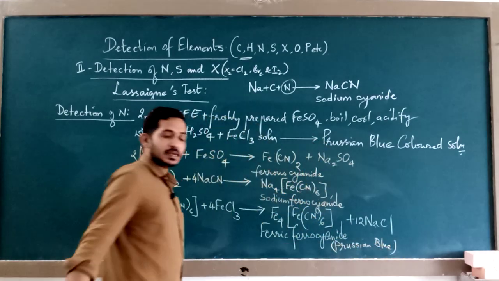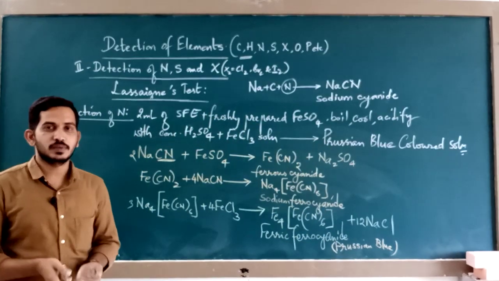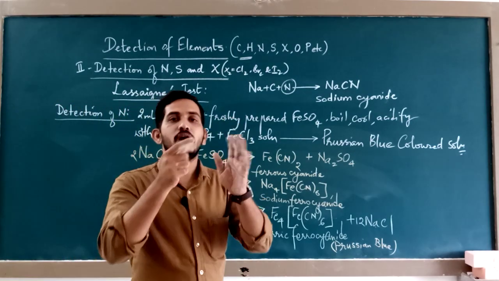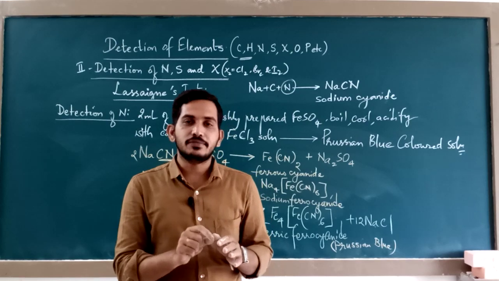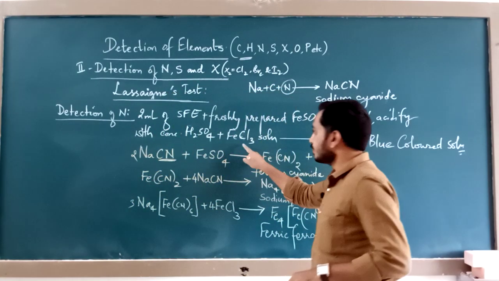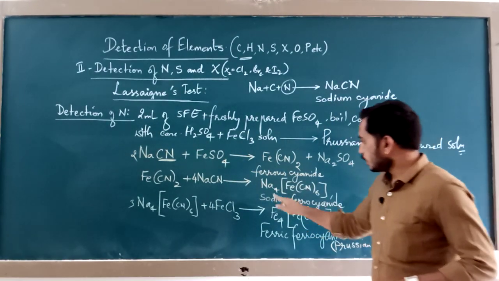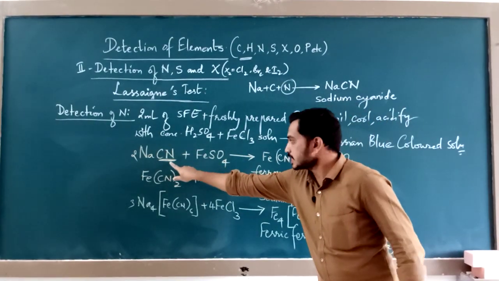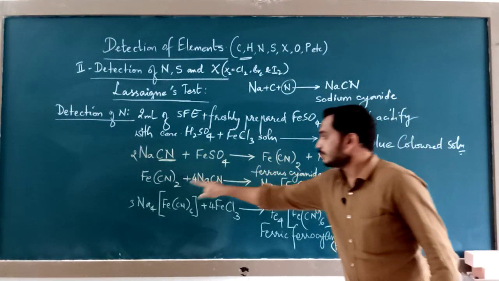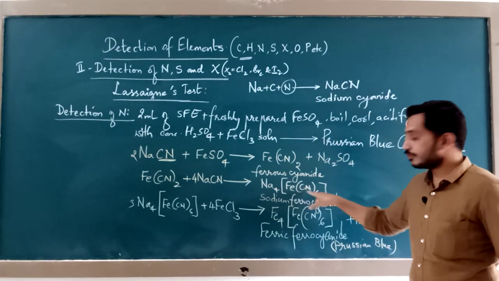So this is the exact chemistry that happens inside the test tube. First, you will react Lassaigne's extract with ferrous sulfate. You will boil, cool, then acidify it with sulfuric acid. Lastly, you will add ferric chloride. Upon adding ferric chloride, the nitrogen from sodium cyanide became ferrous cyanide. Then from ferrous cyanide it became sodium ferrocyanide.